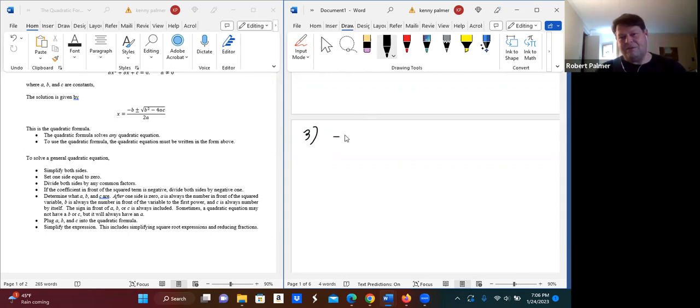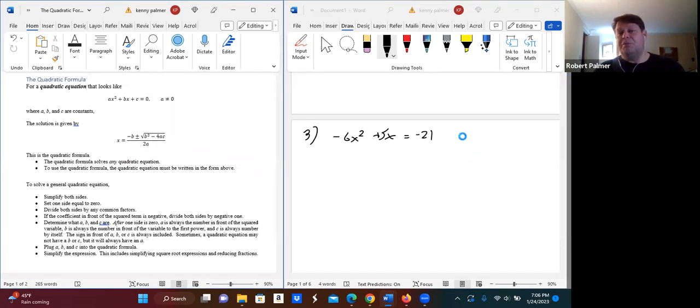So let's say we have negative 6x squared plus 5x equals negative 21. Let me double check, make sure that's what I want. Okay, right. Now, if you notice, this is not in the right form.